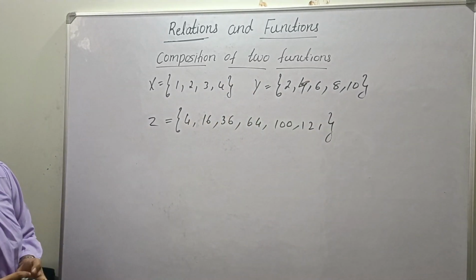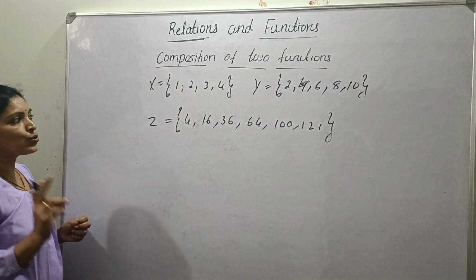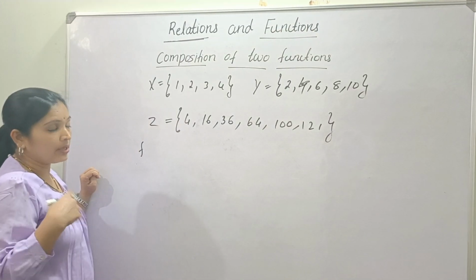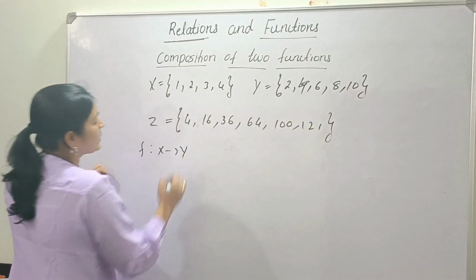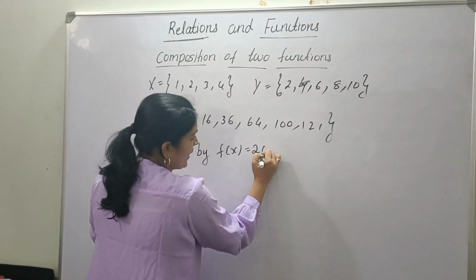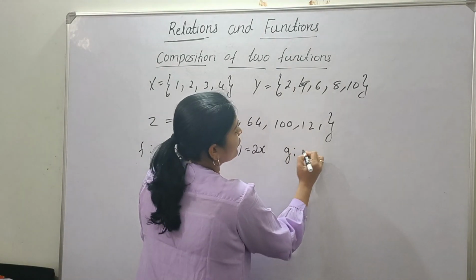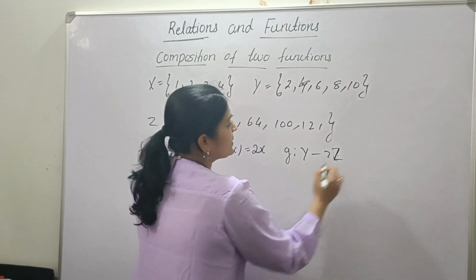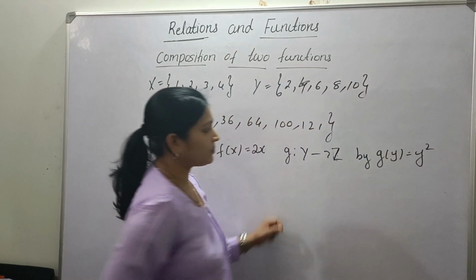So here we have taken three sets and let us define two functions. First, let us define the function f from X to Y by f of x is equal to 2x, and let us define another function g from Y to Z by g of y is equal to y square.